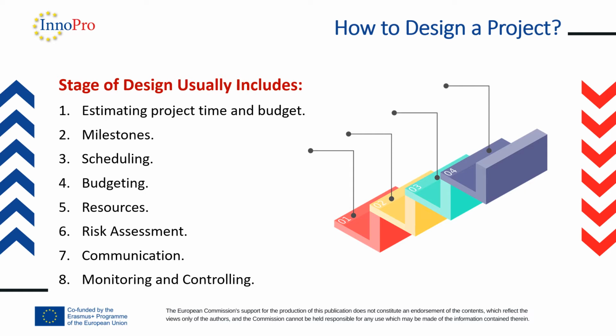In every project, there is a need to pay attention to risks, their identification and assessment. And of course, the success of our project will not be possible without communication, monitoring, and controlling. So now we will have a deeper look at each feature of the design stage.